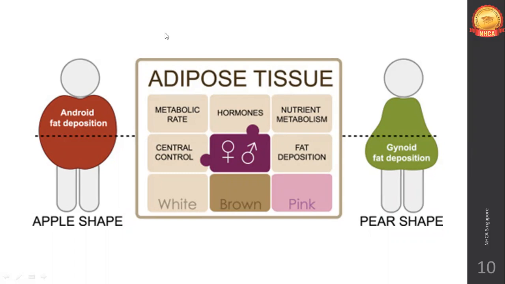It's the brown adipose tissue. That is the adipose tissue that is supposed to generate heat. Brown adipose tissue is responsible for generating heat.